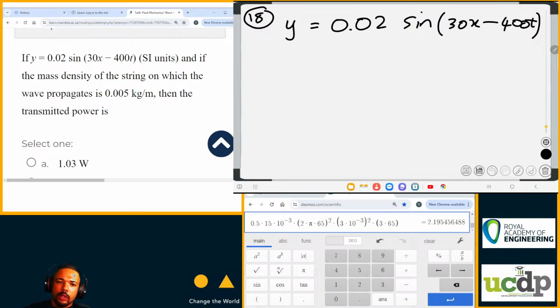Those of you who are doing FEV would have done it with me in oscillations. Now if the mass density of the string on which the wave propagates is 0.05 kilogram per meter, then the transmitted power is... Now, my FEV students, I will be doing this next week, but I'm going to upload this video so you can follow along.